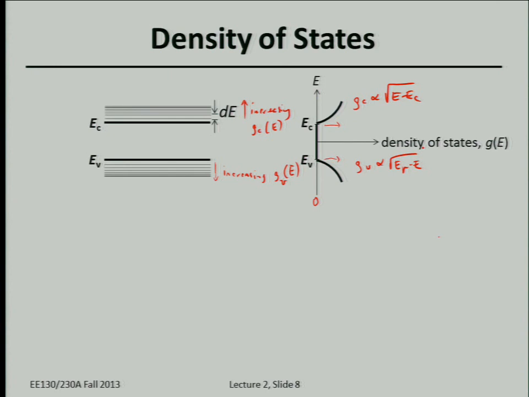The seats closest to the field have fewer seats per row, but as you go higher you have more seats per row because the circumference gets larger. It's the same thing here: the number of allowed energy states within a given range of energies increases as you go deeper and deeper in the bands.